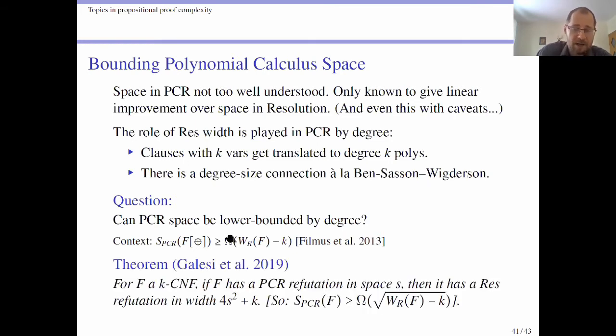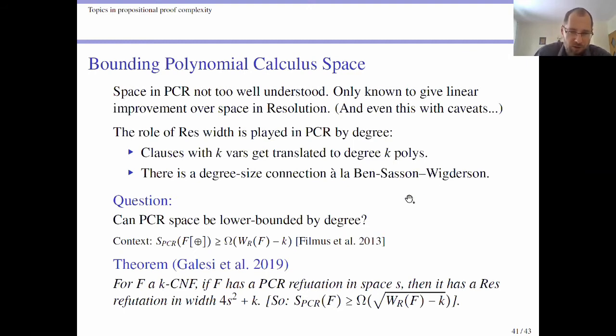And now recently, we were able to prove with two colleagues, Nicola Galesi and Neil Thapen, that there is a connection between polynomial calculus space and resolution width. Yes, not just degree, but even resolution width, although it's so far not clear whether the connection is tight.